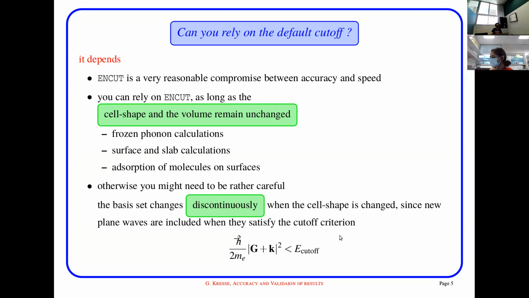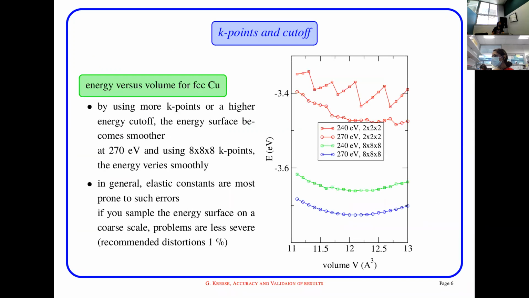This increase is usually around 30%, so 450 electron volt plus 30%. As I said, usually I put 600. So only for bulk optimization do you need to touch the energy cutoff. Otherwise, for other things, this 450 is usually okay.